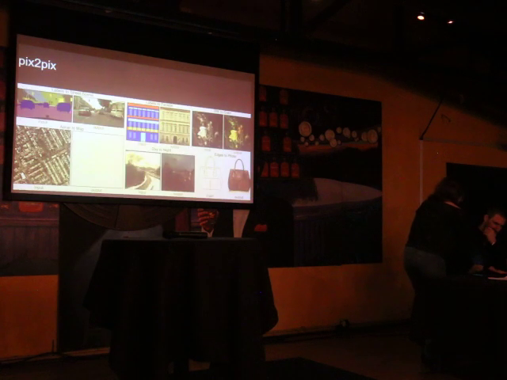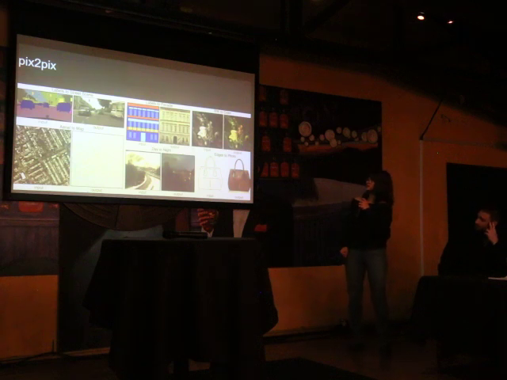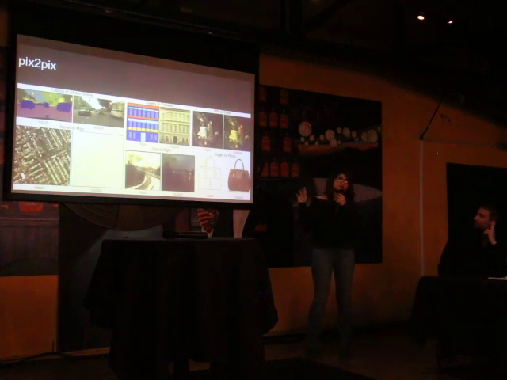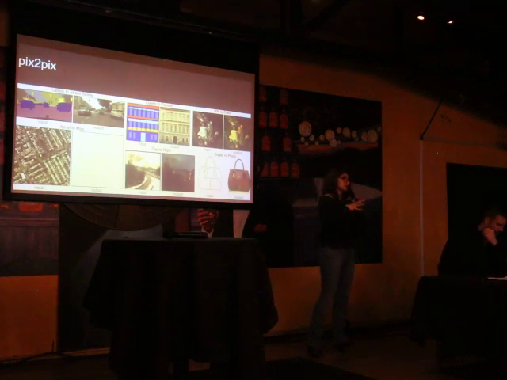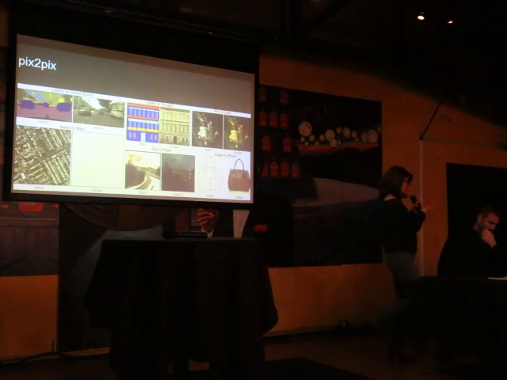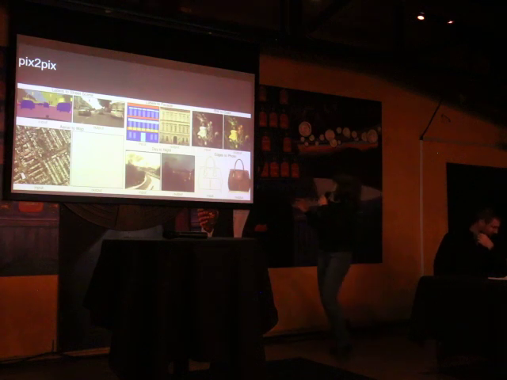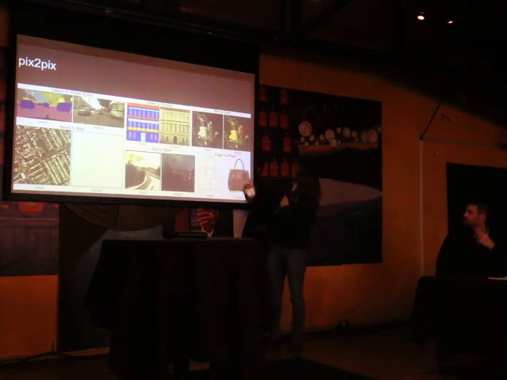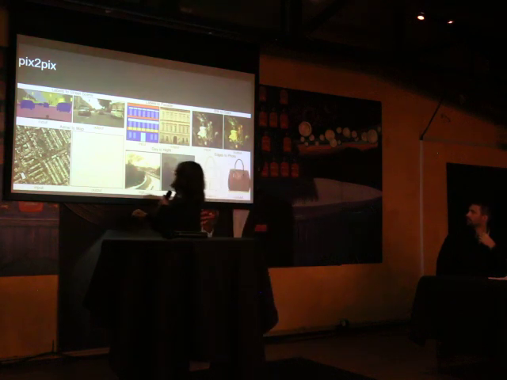After that, we can see the demo of pixel to pixel. Pixel to pixel is also a very widely used implementation of GAN based on Torch. It maps one image to another, like mapping a sketch to a more realistic photo.